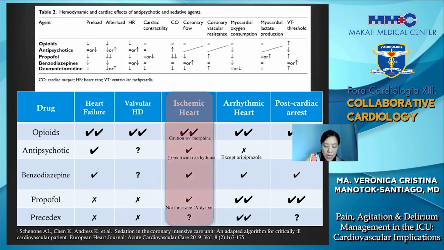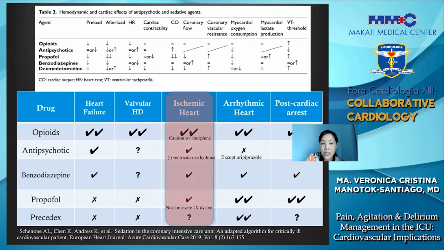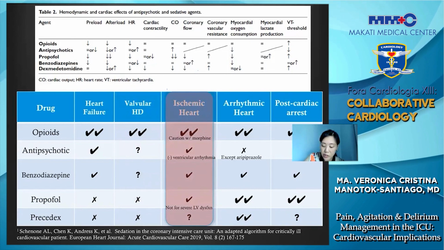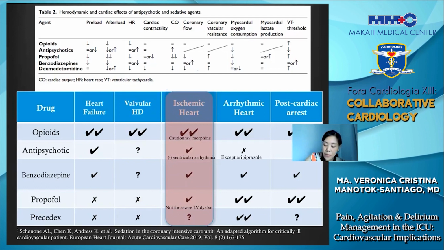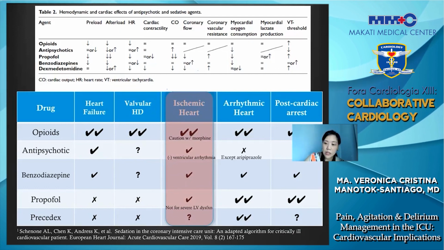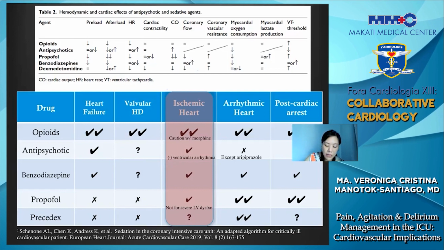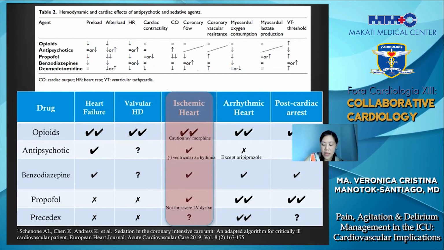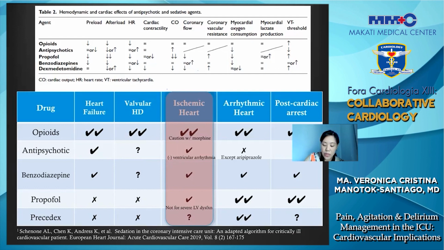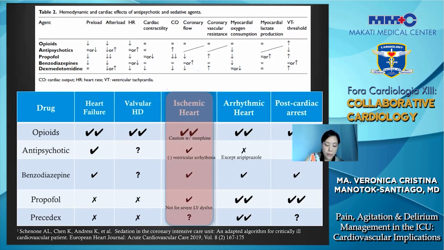Recommendations for the ischemic heart are not entirely the same as that for heart failure management. Again, opioids appear to be safe given their neutral effect on contractility and myocardial metabolism, and their use seems to be associated with a reduction in myocardial O2 consumption.